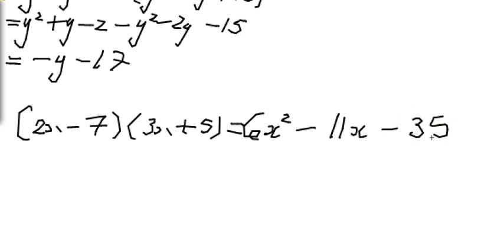So instead of writing down all 4 products, I keep in mind that my outer and my inner, the 2x times 5 and the minus 7 times 3x, will both be x terms, and I just do that in my head. Plus 10x minus 21x, plus 10 minus 21 is minus 11. So instead of writing out the 4, I'm just going directly to writing my final answer.